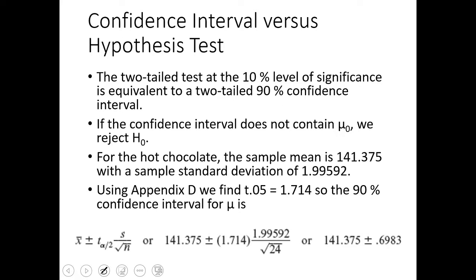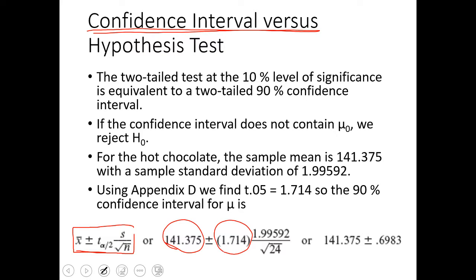I'm sorry. If we calculate the confidence interval, so then we review the confidence interval. Here is the sample mean, and the t statistic at 5% is 1.714, and the sample standard deviation divided by the square root of the number of samples.